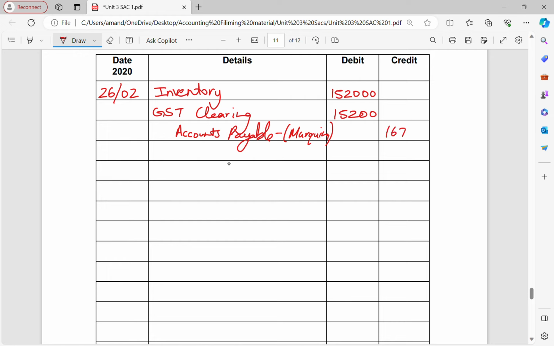I'm just going to write Marquina to make it clear, and that's 167,200. Sorry if that's not clear. 167,200. Because she's bought the 20 Panama boats, right? So I just kind of write it like this.